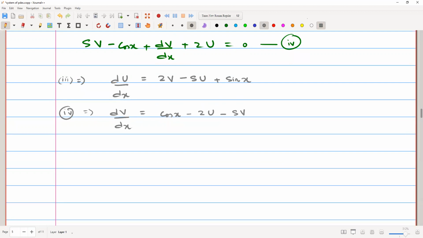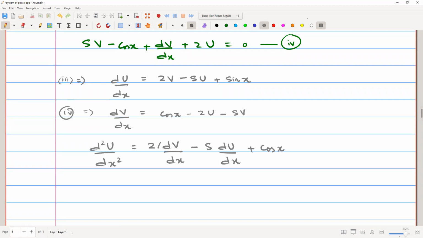If I differentiate equation number 3, what I get is d²ū/dx² = 2 dv̄/dx - s dū/dx + cos x.